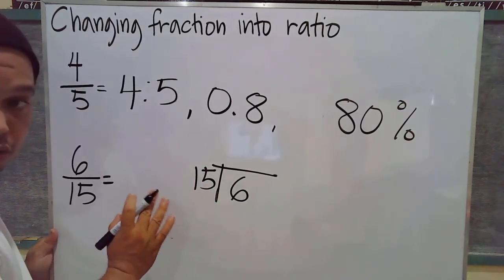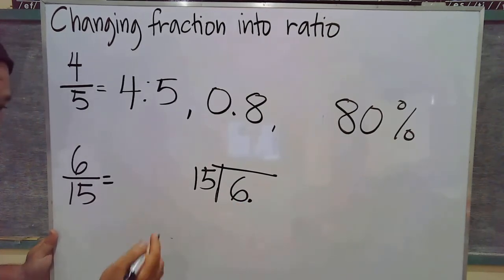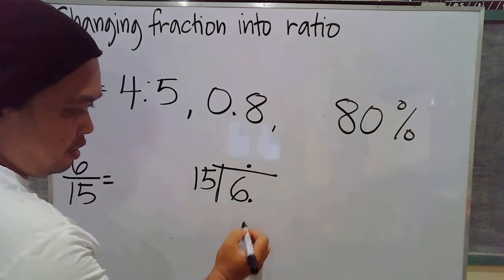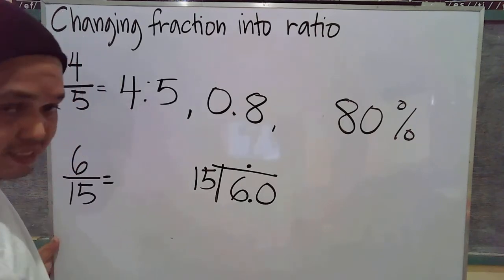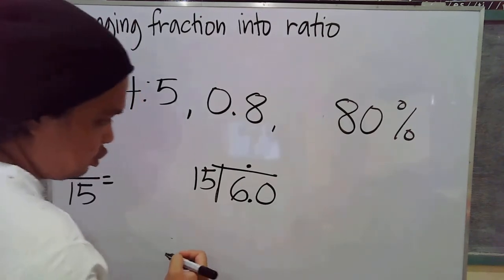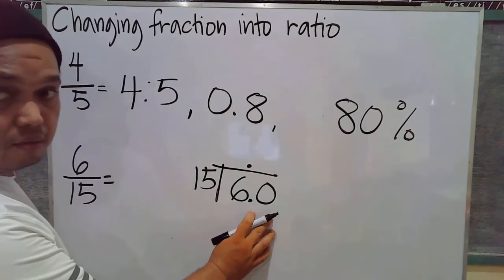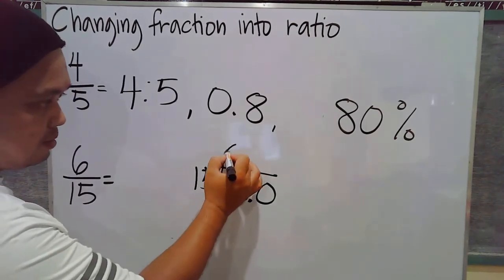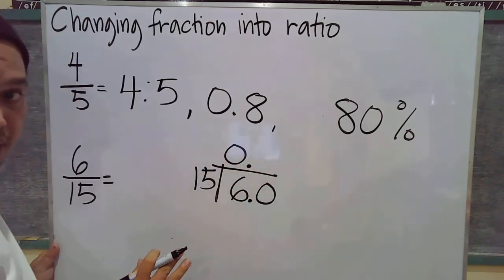So all we need to do is add 0. But before that, for adding 0, let's put a decimal point here because we are dealing now with numbers that is less than 1. Okay, so we have now 60. So we can divide now because 60 is greater than 15.